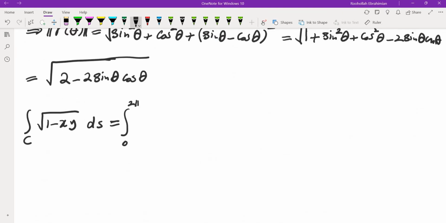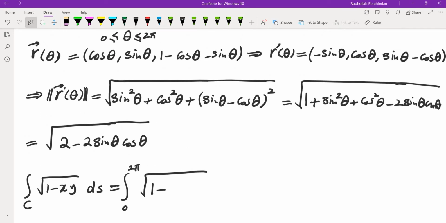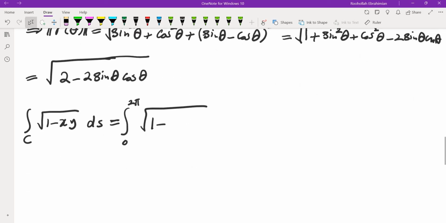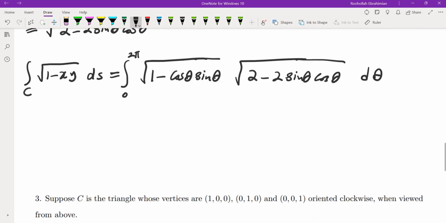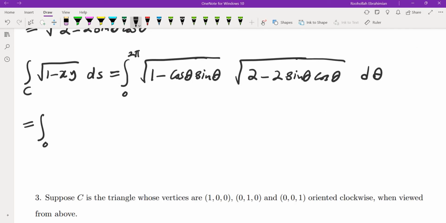So we get the integral from 0 to 2 pi of root 1 minus, well, the integrand would have to be written in terms of r of theta, cosine of theta times sine of theta, times ds, which is root 2 minus 2 sine theta cosine theta d theta. Now if we factor root 2, we get the integral from 0 to 2 pi of root 2 times 1 minus cosine of theta sine of theta d theta.